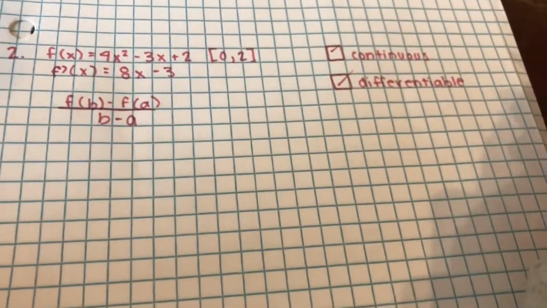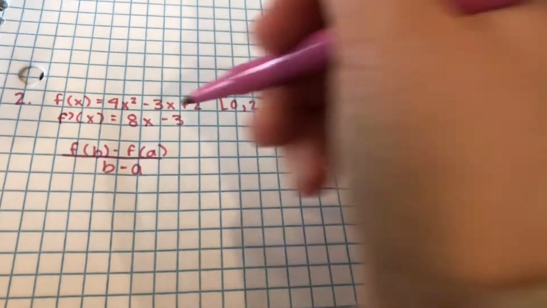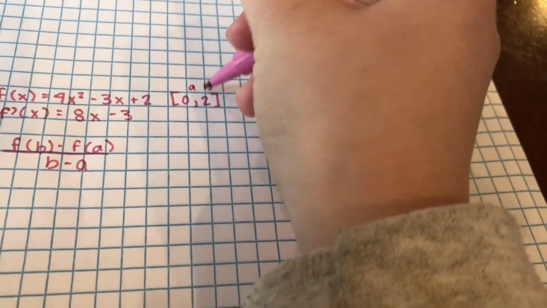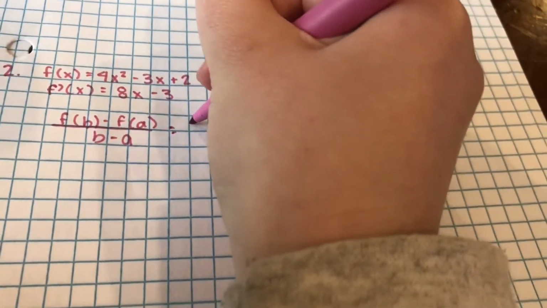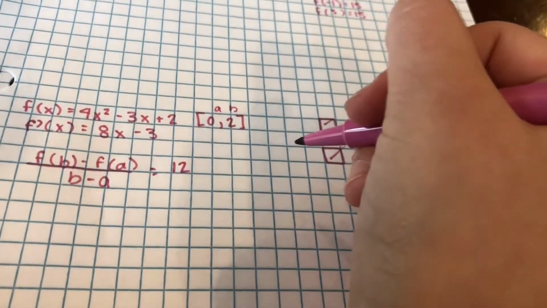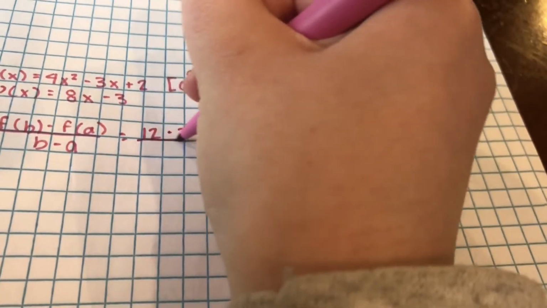When we plug this in, this is our a, and this is our b. f of 2 comes to be 12, and f of a is 2, so we have 12 minus 2, all over 2 minus 0.